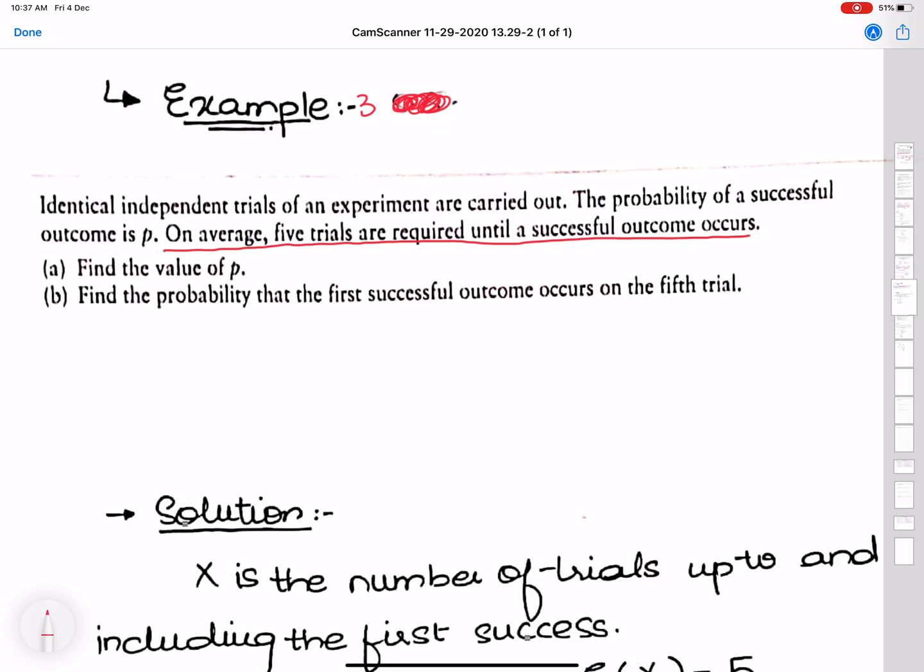So it's given mean is 5, and you know the formula of mean is 1 upon p. So p will be 1 upon 5. Find the probability, part 2. The first successful outcome occurs on the 5th trial. This is very simple. You just need to write q to the power 4 into p.